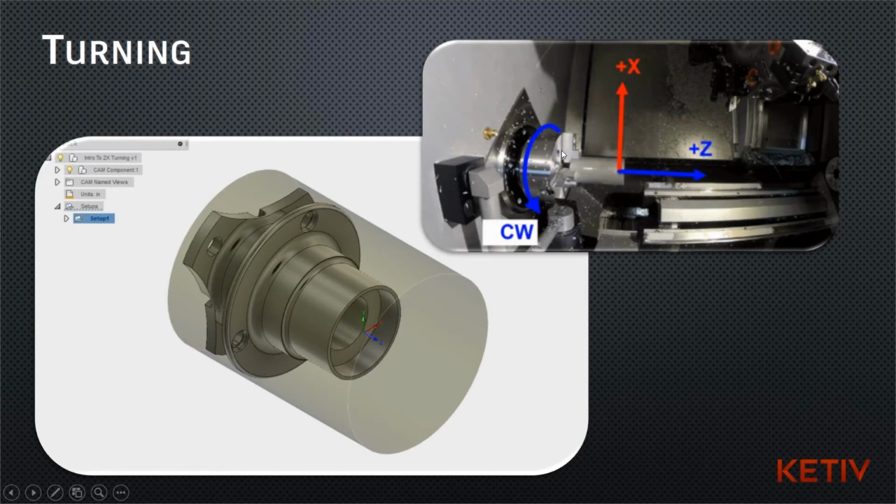Just picture that this is a face, with some eyes, maybe a mouth. As the machine is looking out this way, from the machine's perspective, the chuck is the one that's going to be rotating clockwise. With that, let's jump into Fusion and see how we would set that part up.